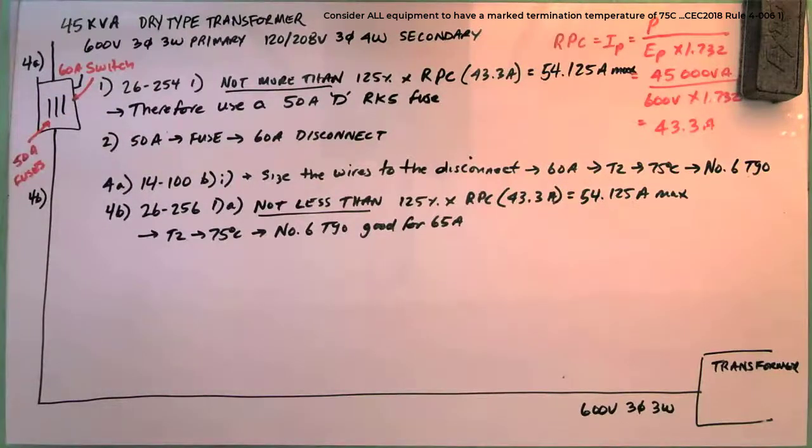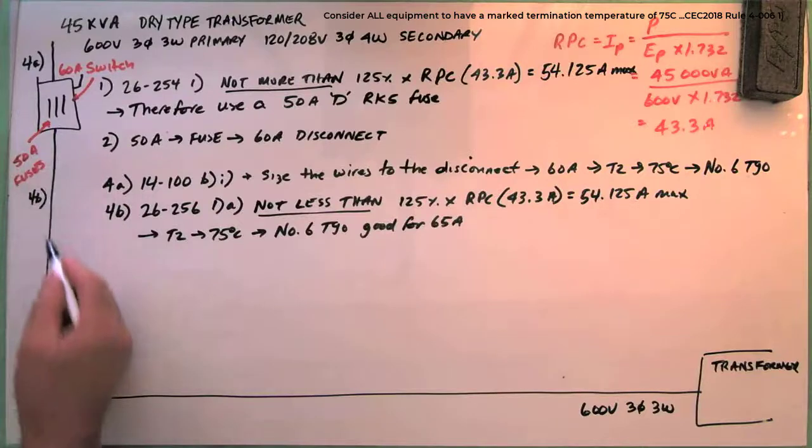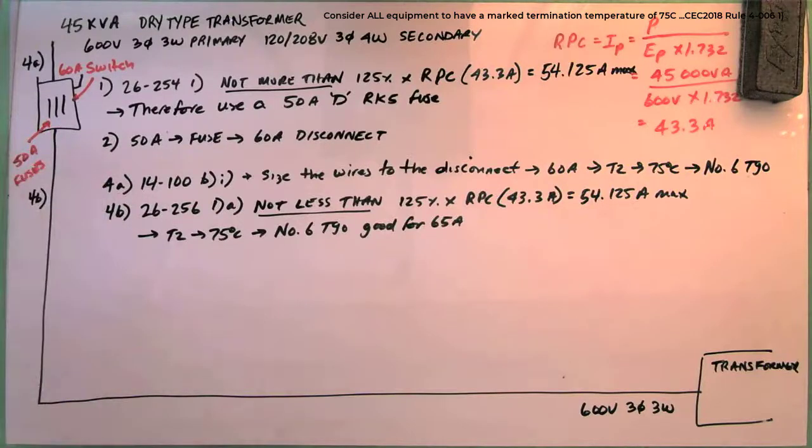I often get asked this question. You got 50 amp fuses here. How come I can't rate my wires here based on 50? I go, good question. Maybe when you come out of the four walls, you'll probably get away with number 8s in this transformer here.